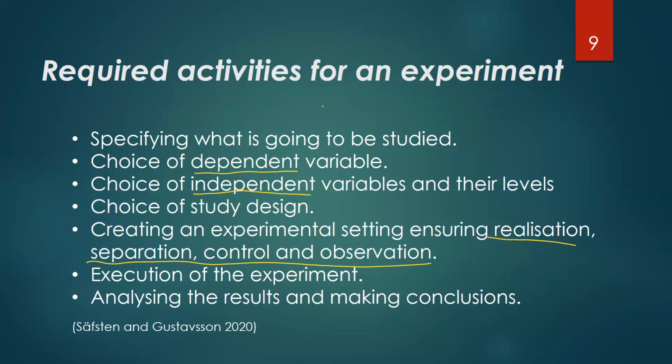Then execution of the experiment, analyzing the result and making conclusions, which are important. In the real world, you will do these things automatically, but we are giving you the awareness or consciousness about this here.